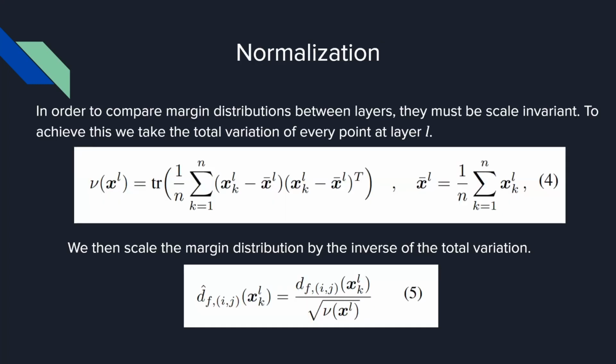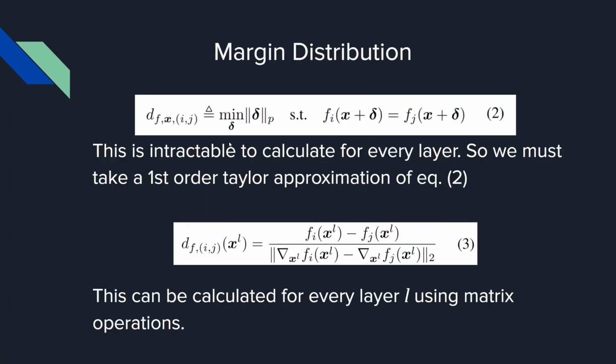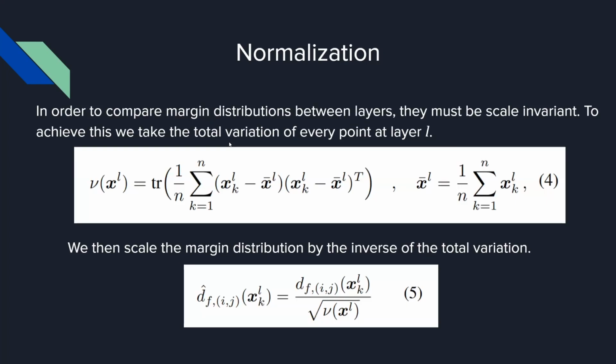Okay, this is just a normalization. If you want to compare margin distributions, this allows us to get a margin distribution. If you want to compare the distribution of margins between each layer, you just have to normalize them. And all that means is you take the distance of every point to the mean of all of the points, you square them, and then you take the square root.